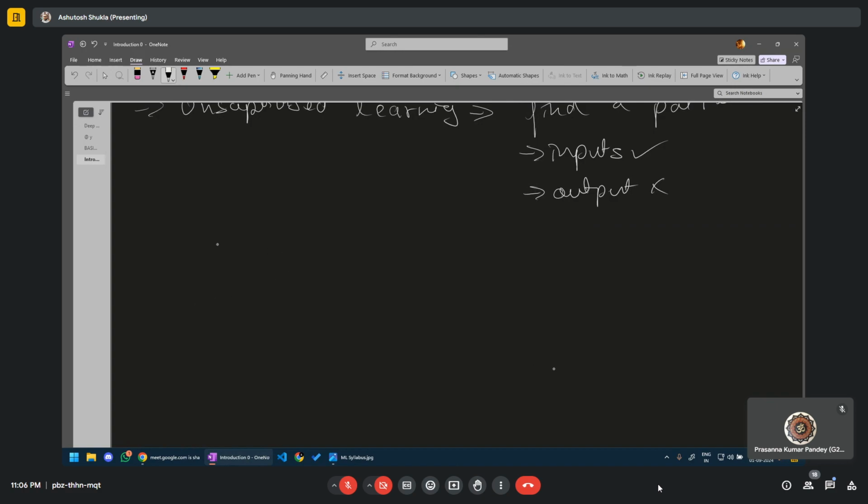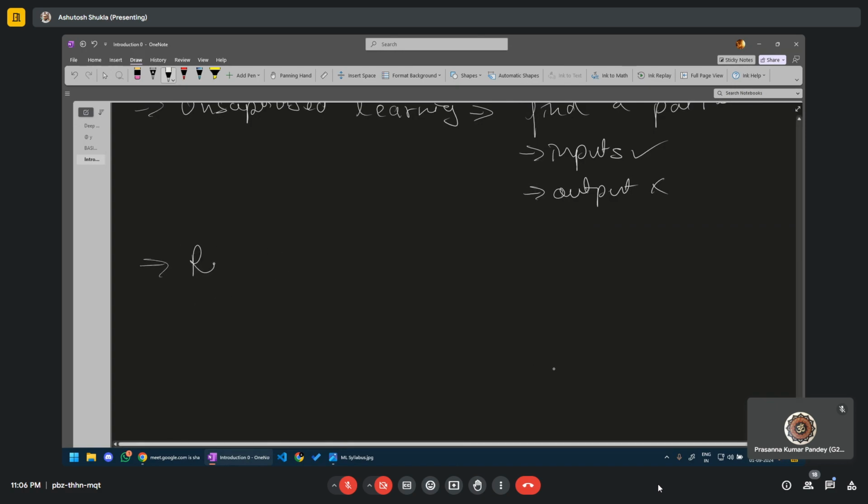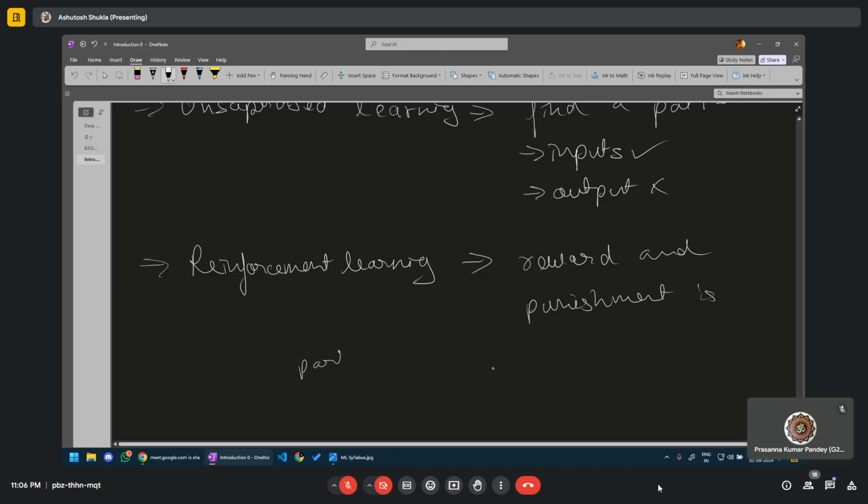After that, there is reinforcement learning. In reinforcement learning, it is primarily more of a reward and punishment thing. So reward and punishment is part of the learning algorithms.